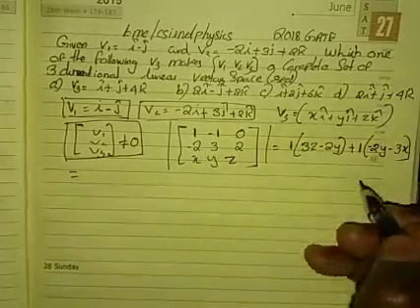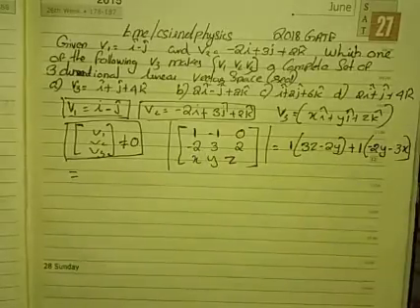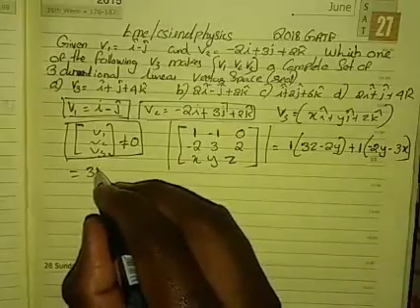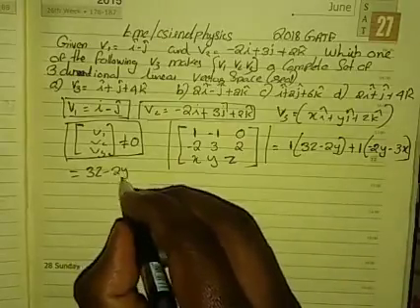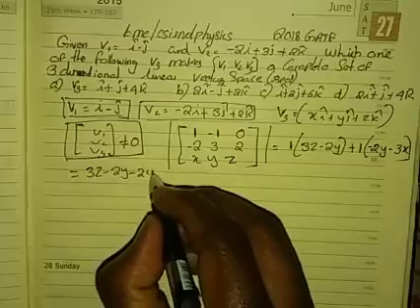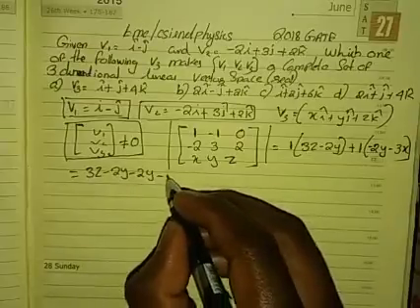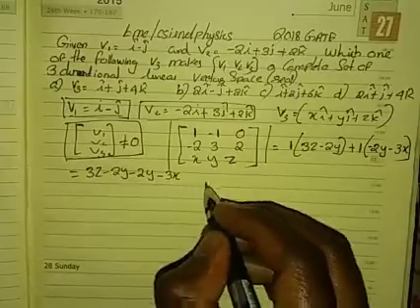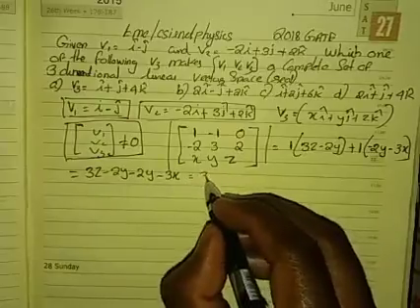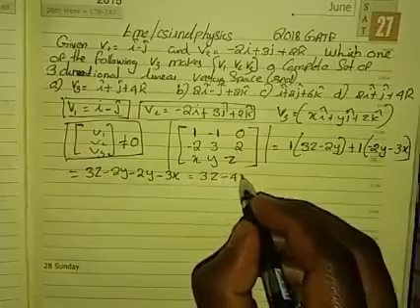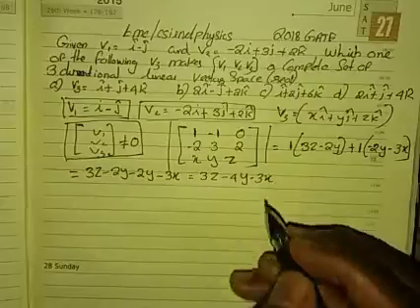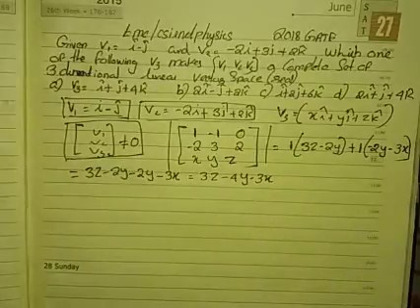Now the equation has to be simplified a little bit, and you can write down 3z minus 2y minus 2y minus 3x, which means it will be 3z minus 4y minus 3x. That's the equation right there.